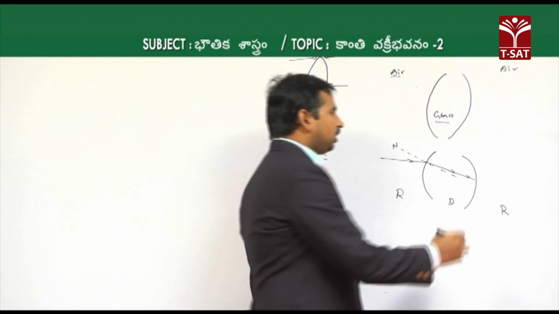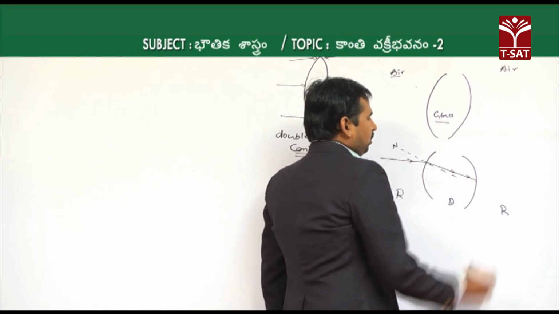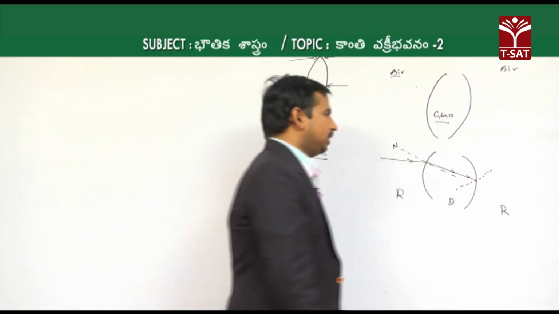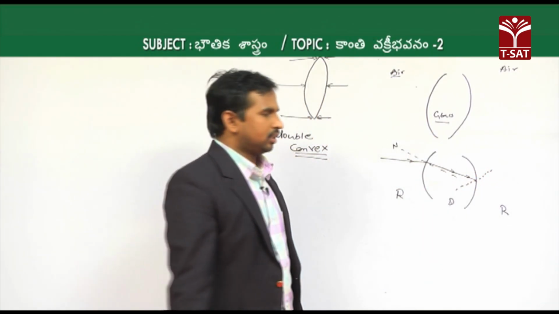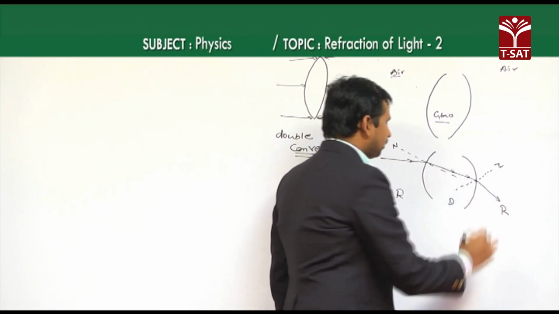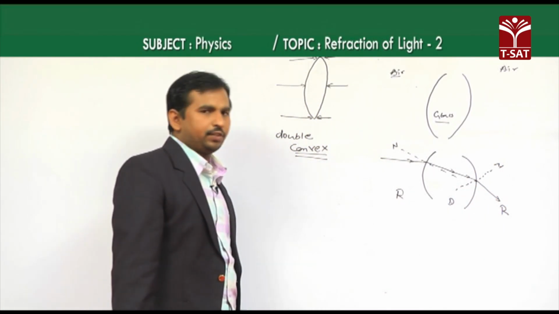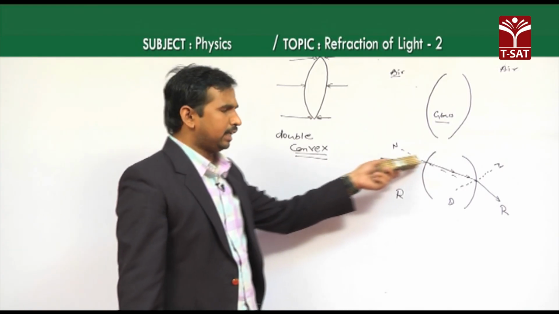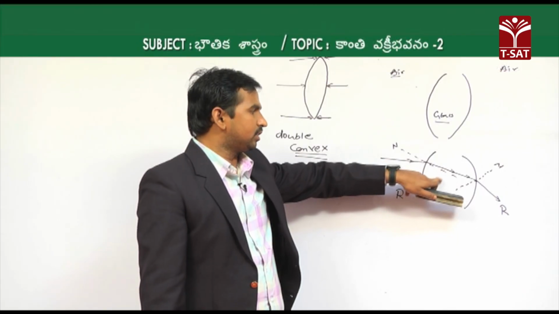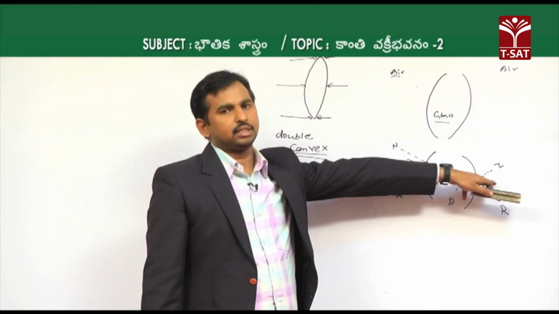If you take the normal for this surface, the light ray bends away from the normal like this. If you observe, the light ray which started in a straight line like this bends towards the normal in the first case and away from the normal in the second case.